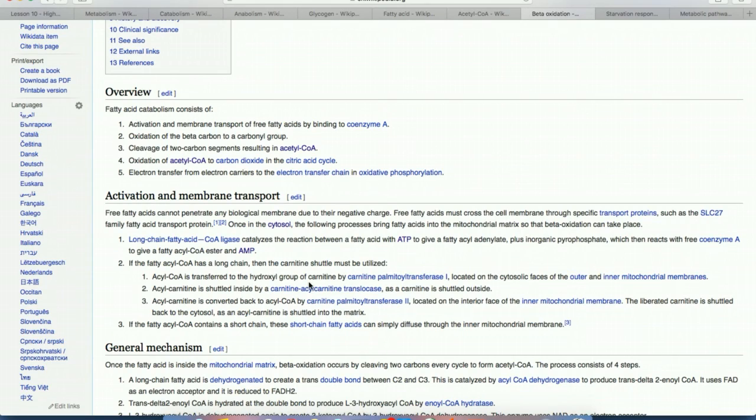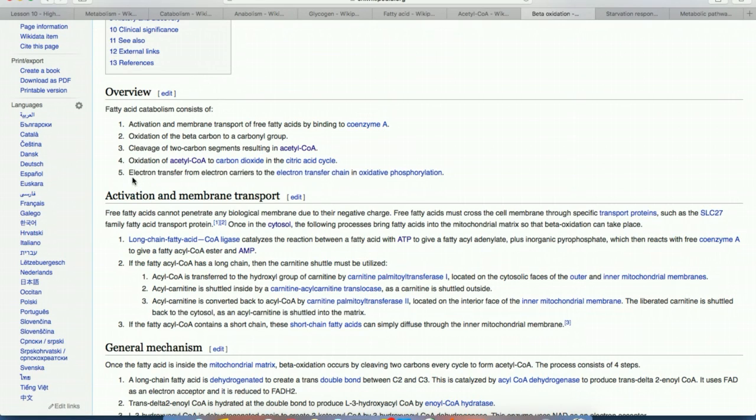That is what they were talking about, making acetyl-CoA. Oxidation of acetyl-CoA to carbon dioxide in the citric acid cycle. So the result of the citric acid cycle is this carbon dioxide.